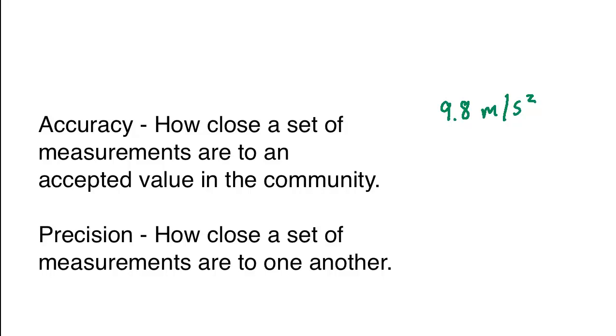So accuracy cannot always be determined because let's say that you're pioneering or you're trying to figure out some brand new equation or unit or something like that in a field. If you don't have something to go off of, a known value, you are the one that is starting to establish that value. Now, once you've established it, it doesn't mean that it's accurate all of a sudden, it's the accepted value.